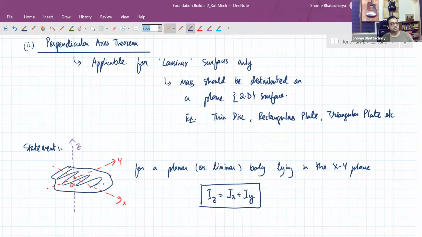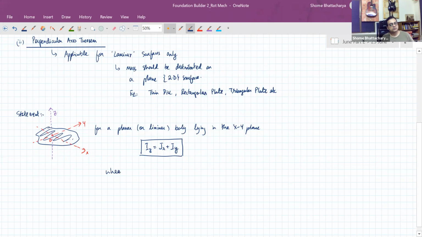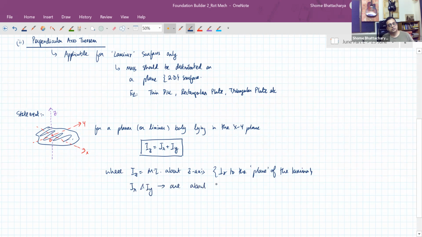Here it's clearly understood that Iz is the moment of inertia about the z-axis, which is perpendicular to the plane of the lamina. And Ix and Iy are about the x and y axes, which are in the plane of the lamina.